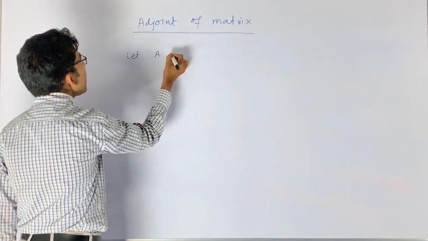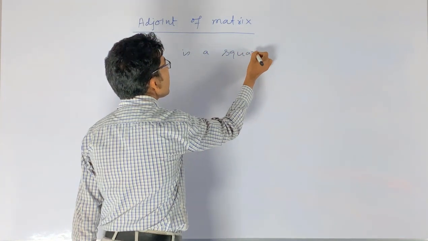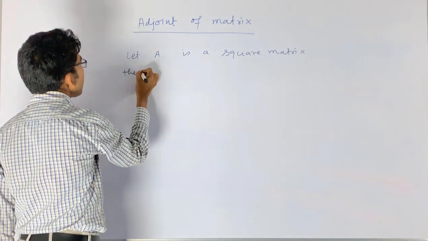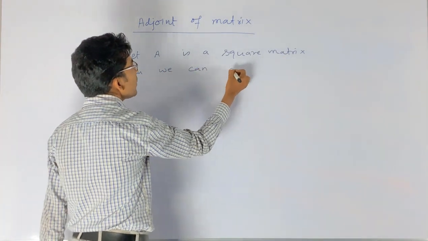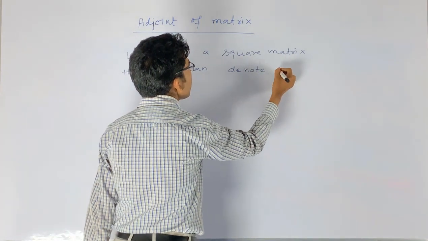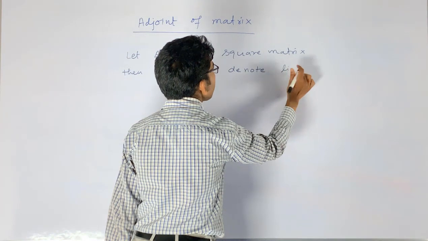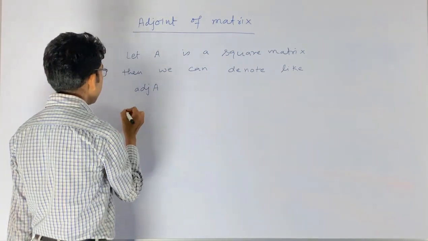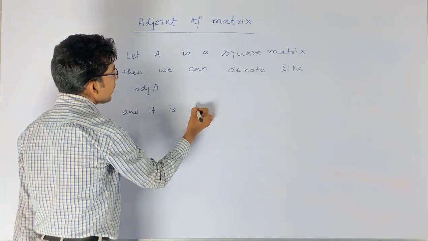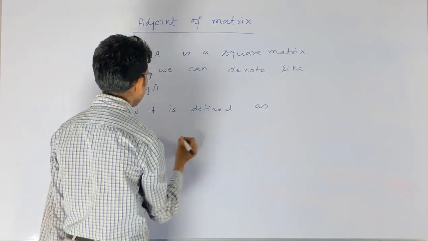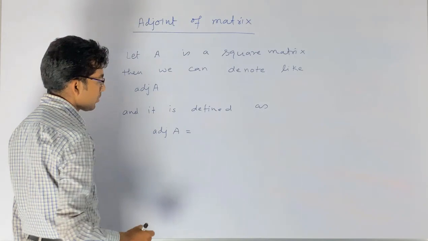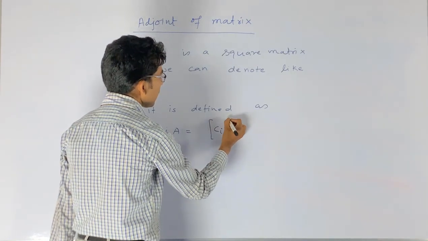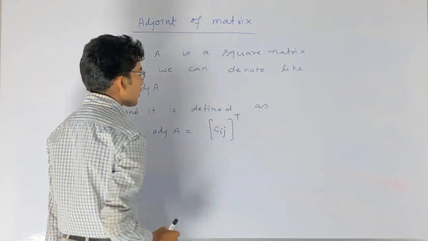Let A be a square matrix that we can denote like adjoint of A, and it is defined as adjoint of A is equal to Cij transpose.